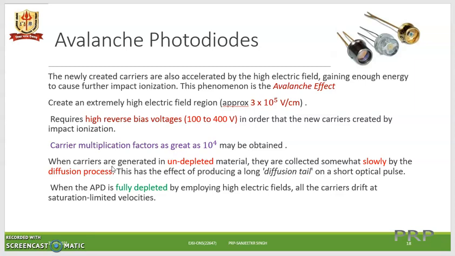When carriers are generated in undepleted material, they are collected somewhat slowly by the diffusion process. So in undepleted material there is slow diffusion, thus producing a diffusion tail on a short optical pulse.